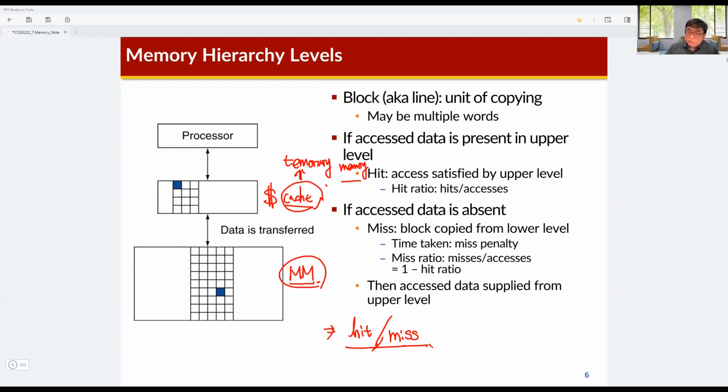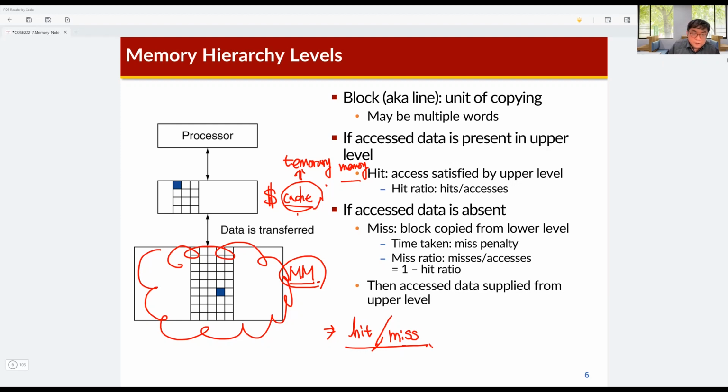But why do we use cache? We use cache to improve performance and to exploit the data locality in our applications. So the entire data is here, and only part of the data is temporarily stored in the cache memories.